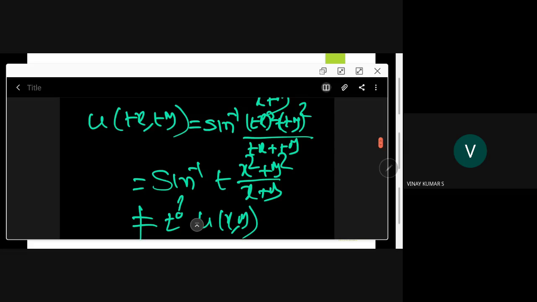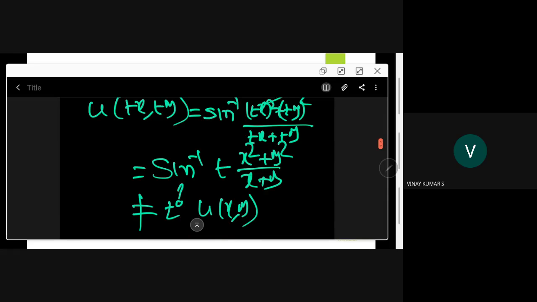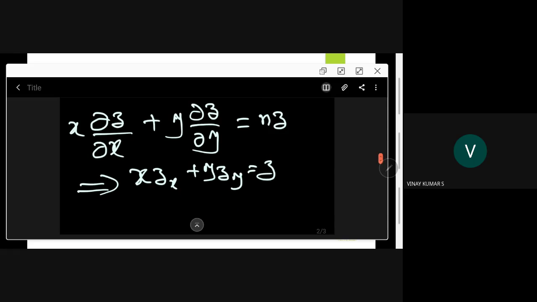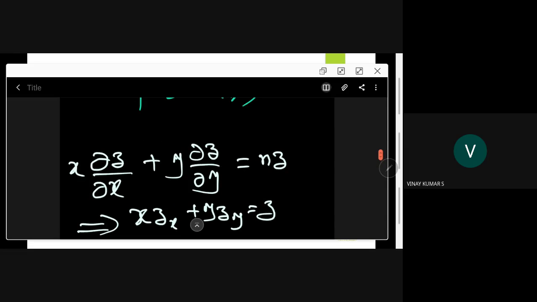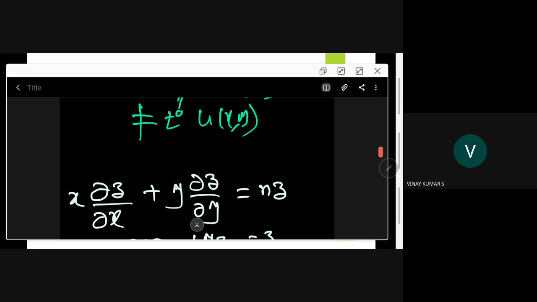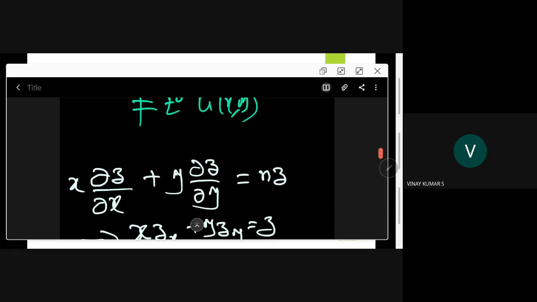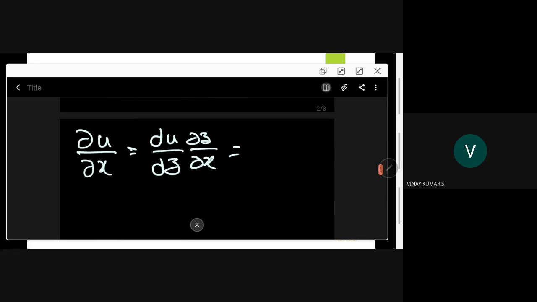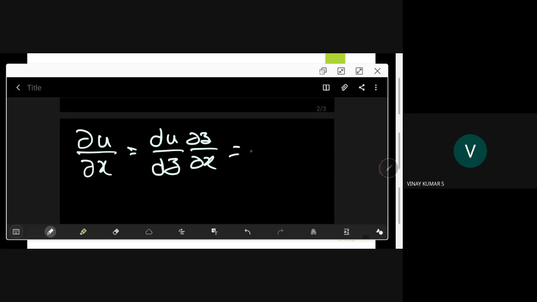Where is ∂z/∂x? I'm stuck here. This we know. Yeah, right. This we have to use. So it is simply equal to du/dz into z_x, right? Into z_x.